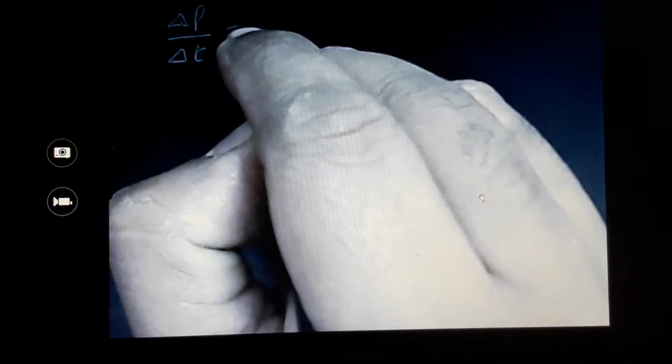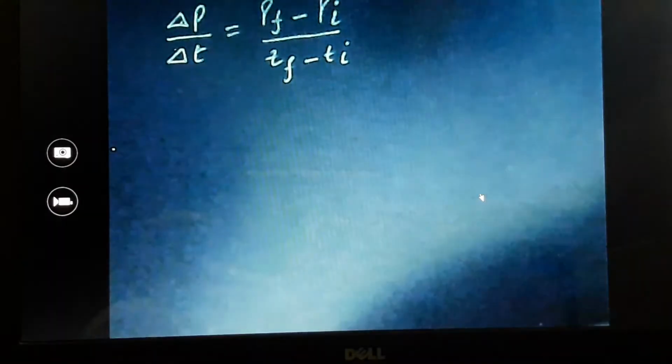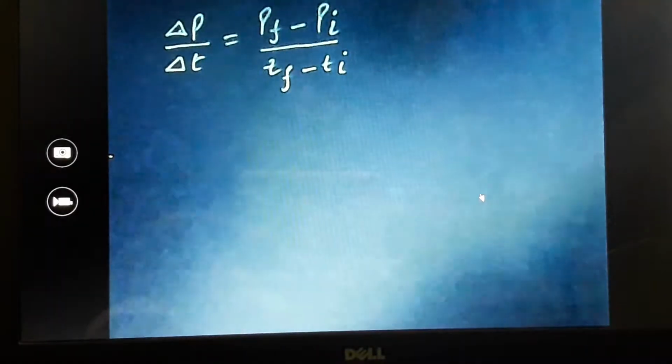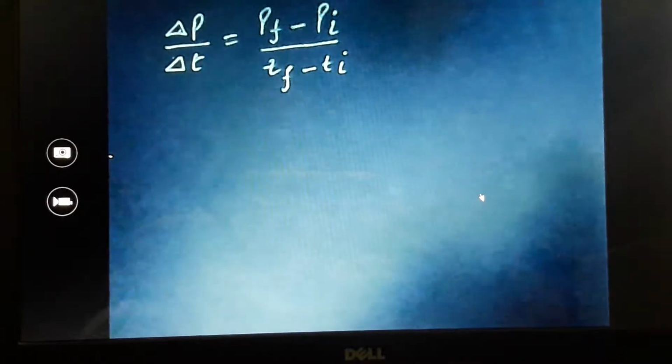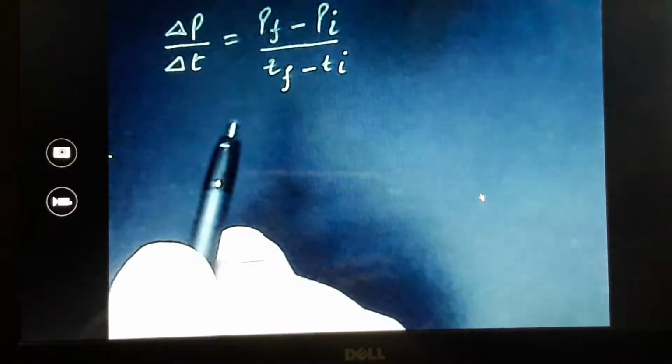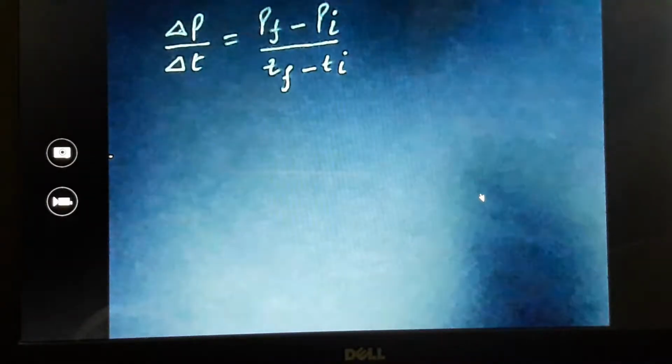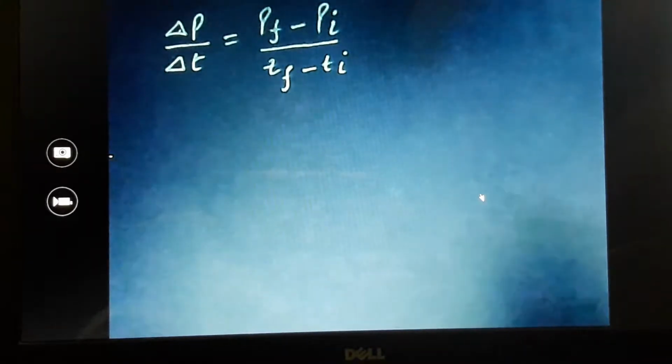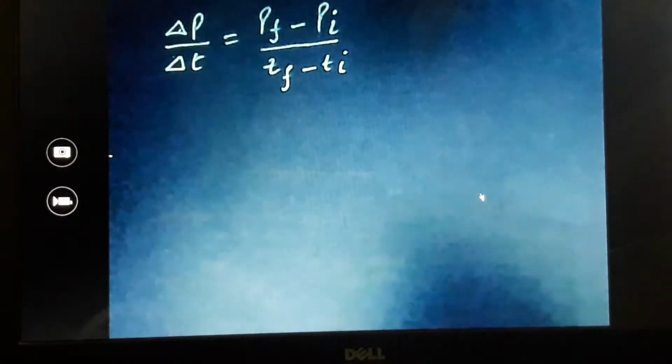Delta p is actually the change in momentum, like final momentum minus initial momentum, and delta t is final time minus initial time, right? Let's say some body is moving and it is at some position at some instant of time. We can call it the initial position, and after some time it reaches another destination, and we can call it the final position, right?